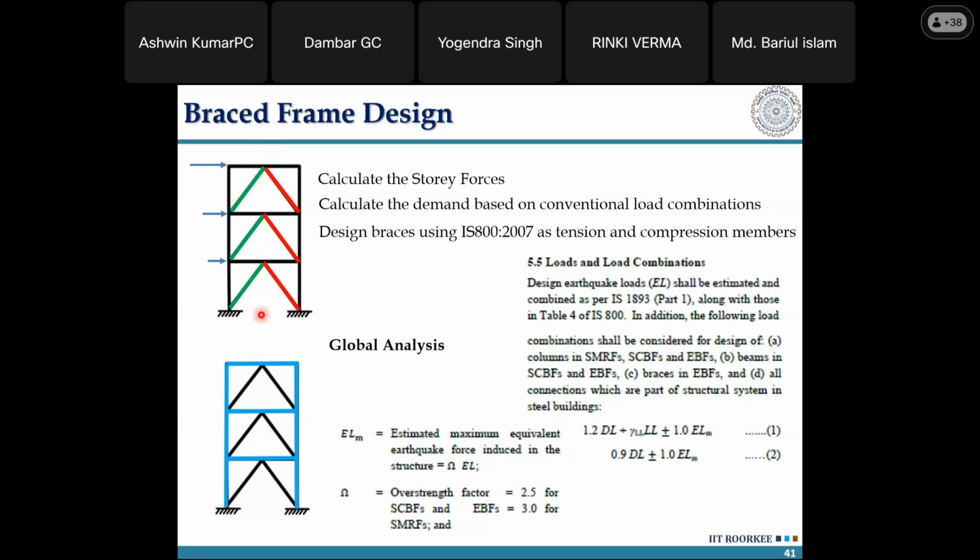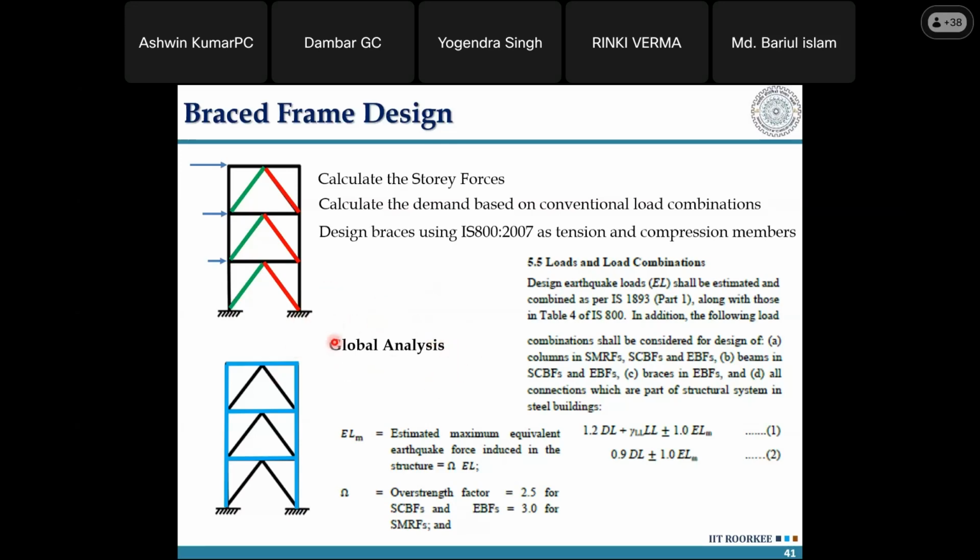Now, for the capacity design of the force controlled element, there are two methods. One is the global analysis method and one is the local analysis method, right? The complication is not there in the design of braces. The complication, the additional steps, are with respect to design of the beams and columns, right?